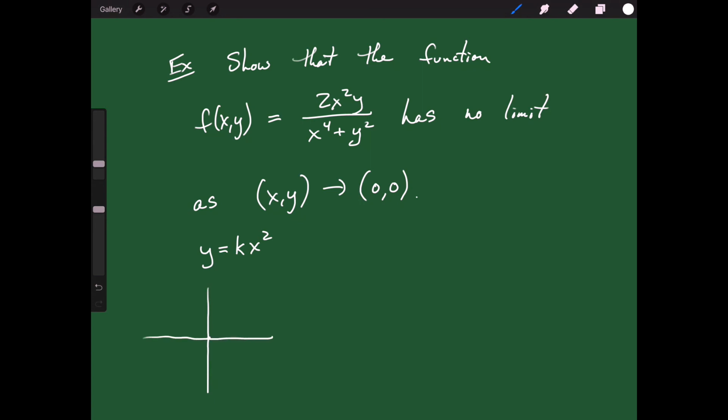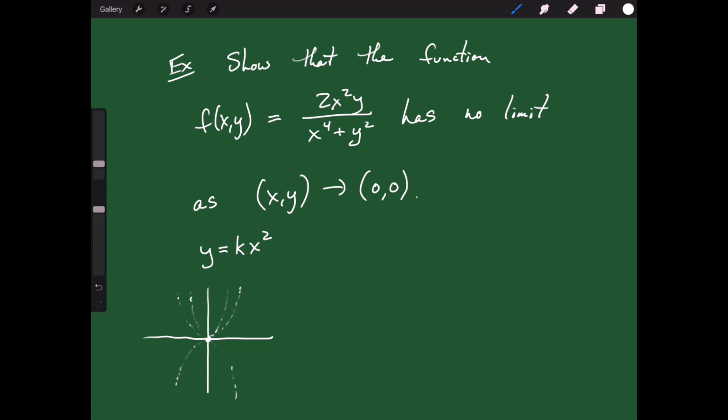So here's the origin. And let's say that k was equal to 1. Then I'm walking along the path of just my standard parabola. If k was negative 1, then I'm walking along the path of that parabola flipped. If k is equal to 2 or something, then I have kind of a stretched parabola that I'm walking along.